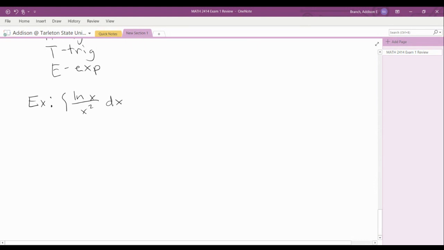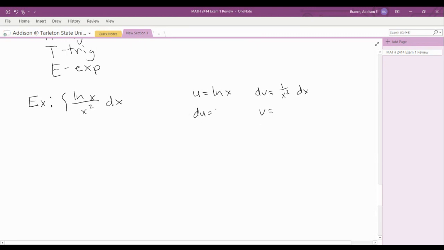So does someone want to, you can either use the microphone or just type it in the chat, what would you assign to be our u? Yes, our u is going to be natural log of x. So therefore, our dv is going to have to be 1 over x squared dx.